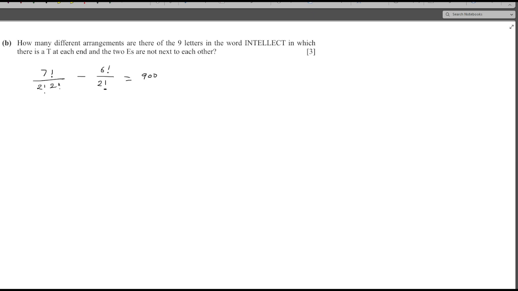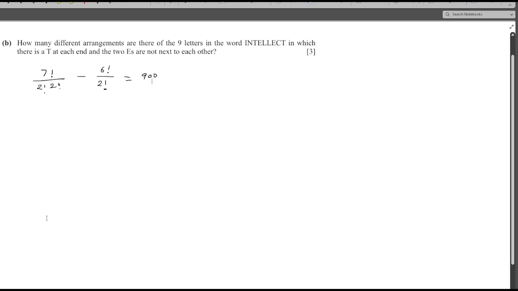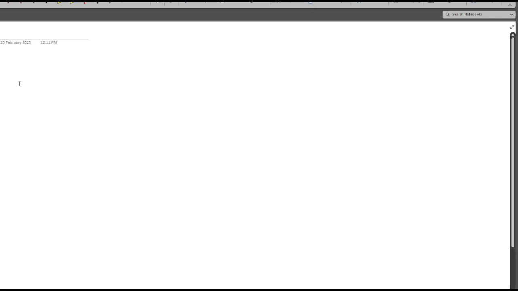Now, there is one more part of the question, C part. Let us consider C part. 4 letters are selected at random from the 9 letters in the word intellect.